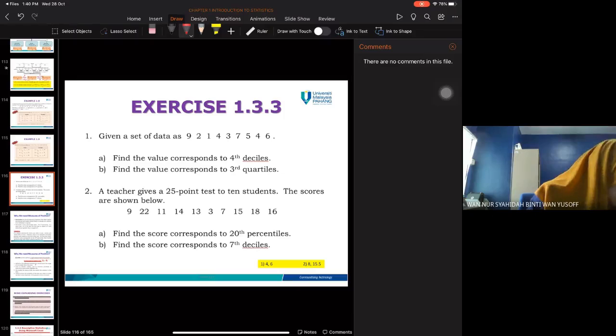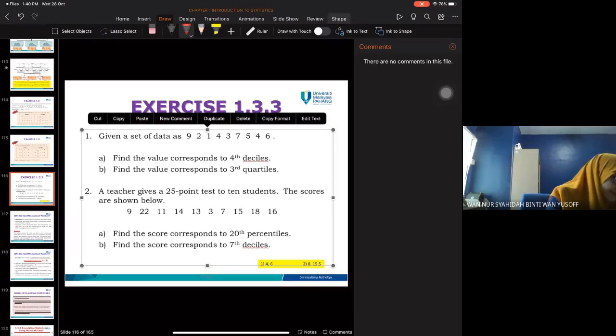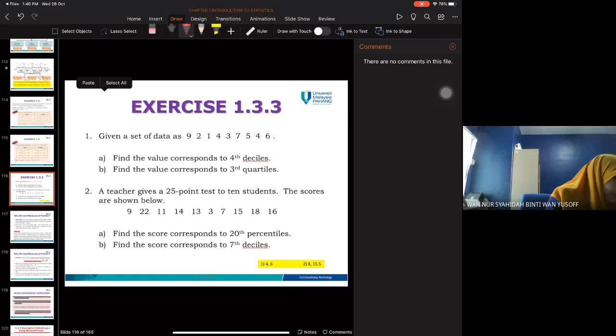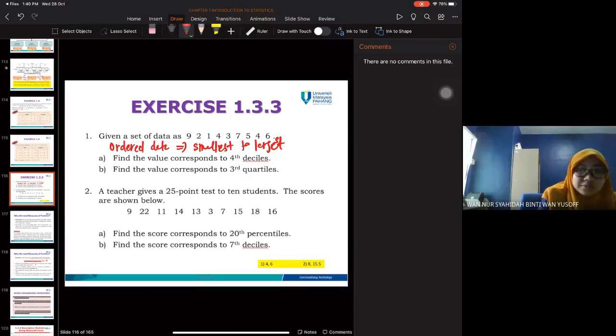So for this exercise, step 1 is to order the data from smallest to largest, and then you can proceed.